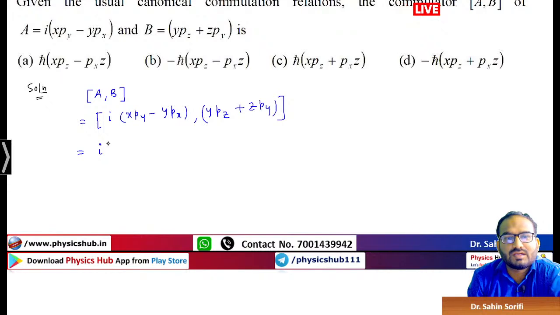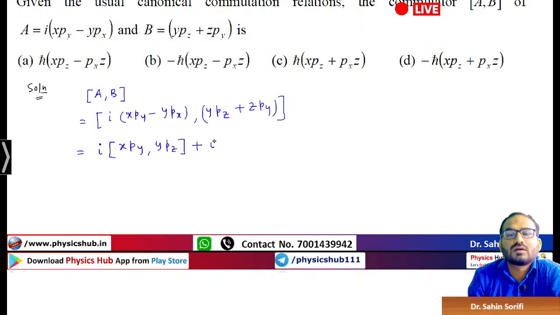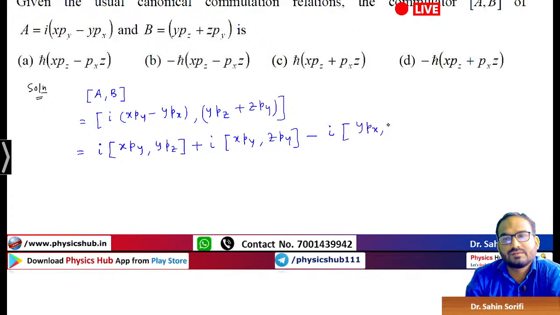So we can write i times commutator of x py, y pz, plus i times commutator of x py, z py, minus i times commutator of y px, y pz, minus commutator of y px, z py.